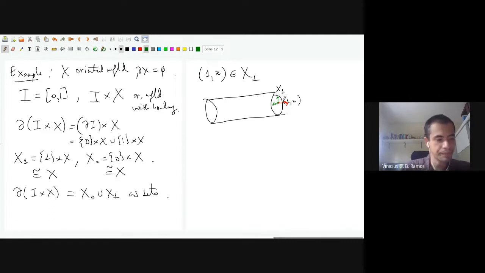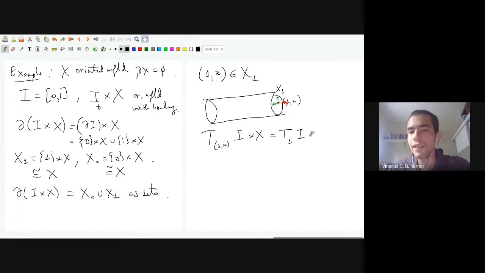If I call t the coordinate on I, I can just think of the tangent space at (1, x) of I times X as the tangent space of I at 1 plus the tangent space of X, and I can just take my d/dt here at the point 1, and this points outwards.